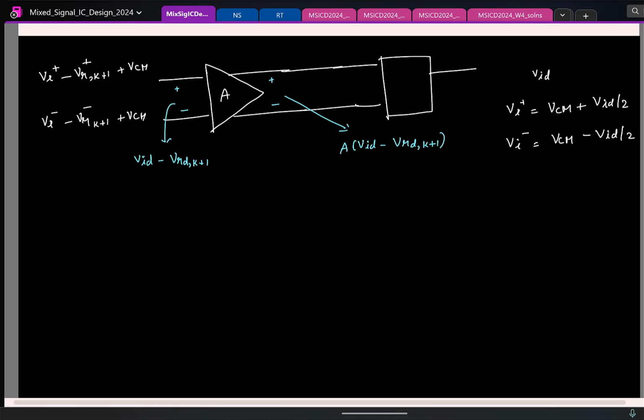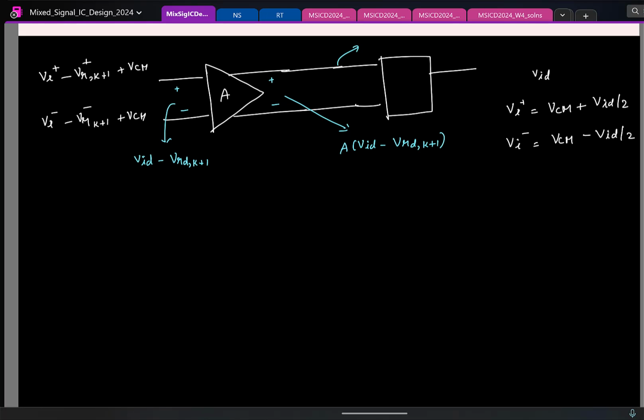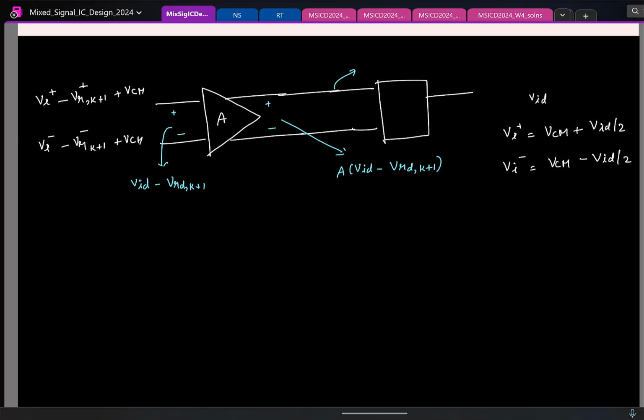So let me actually write that also. Let us say here, I need some space. So this is A times, or I'll write it, the common mode plus half of this differential output. Similarly at the bottom side I'll have VCM minus half of this.